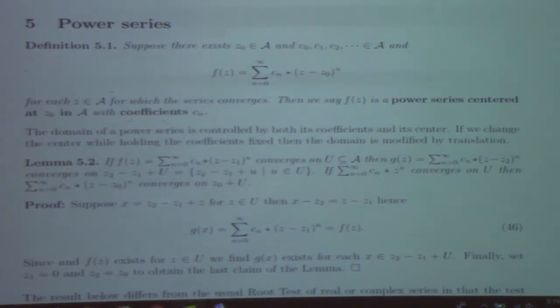I can trade my z1 center for z2 center by just shifting the domain appropriately. This basically just moves points in u to points in this new shifted, translated set. Long story short, I'm just trying to justify working just at 0. If we understand how things work at 0, we can always use this lemma to shift elsewhere.